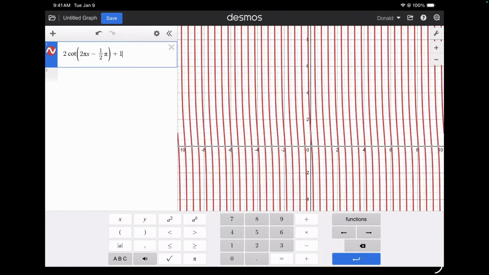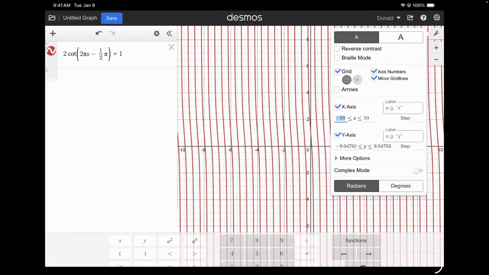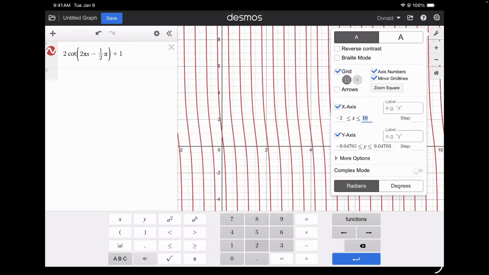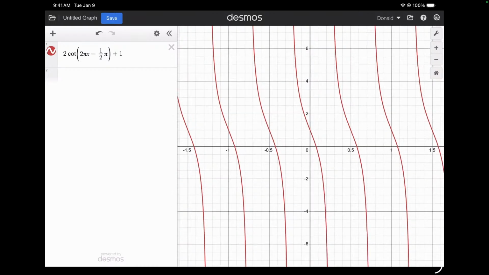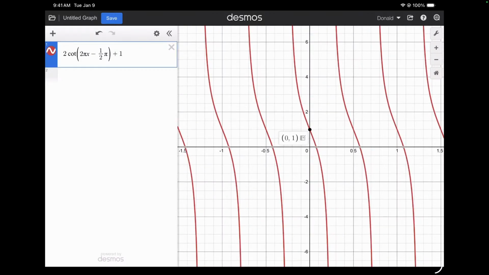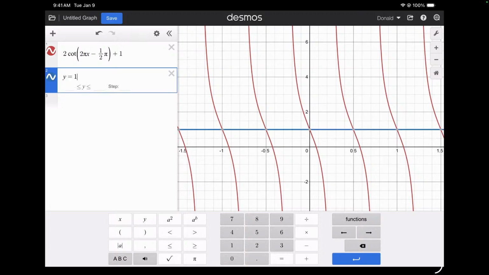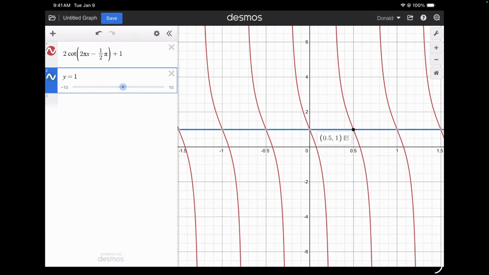Okay, so some people say they don't know what this graph looks like and this is kind of confusing. So I'm going to just do a window between -2 to +2. And you can graph y equals 1, so you can see the midline. So you can see where they're at.